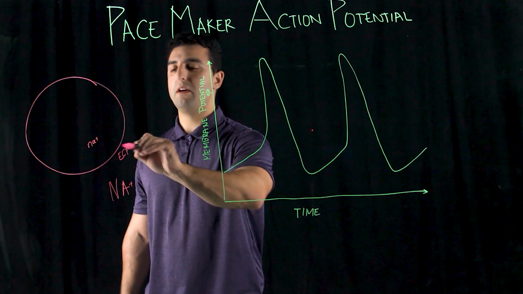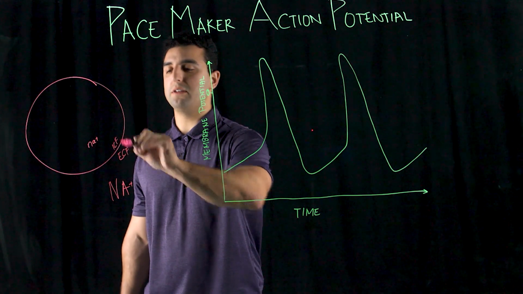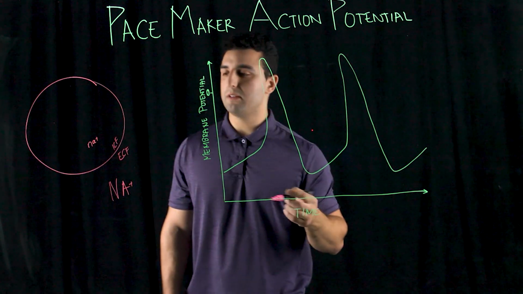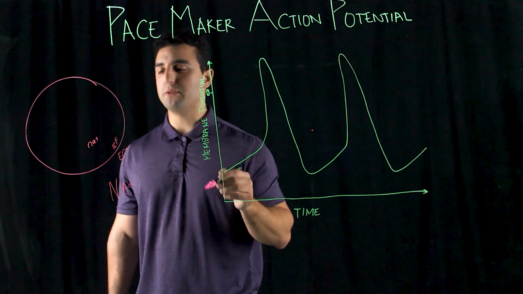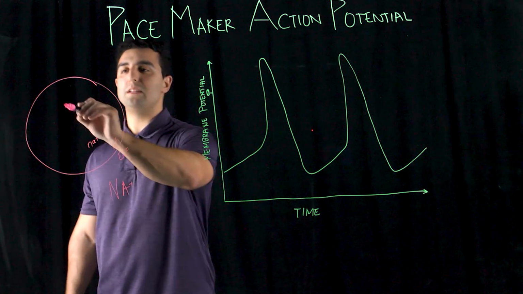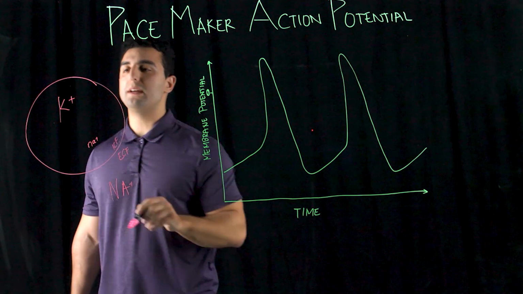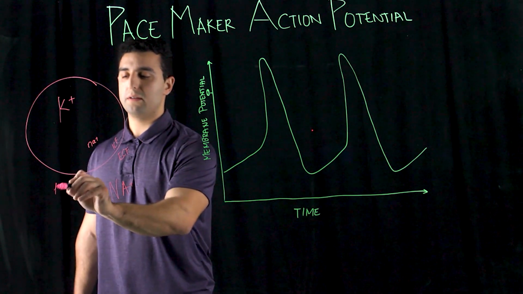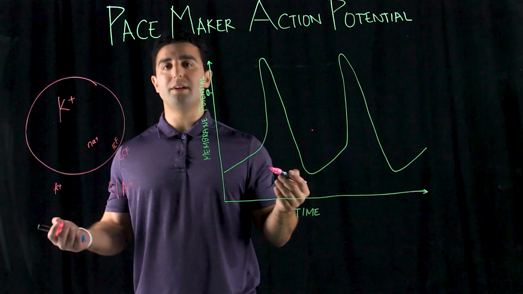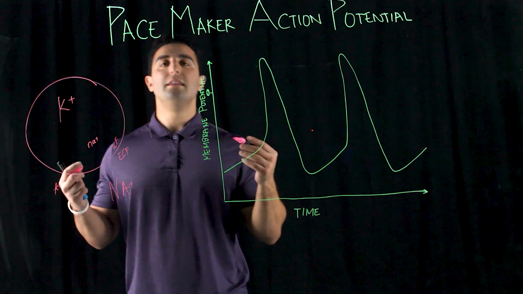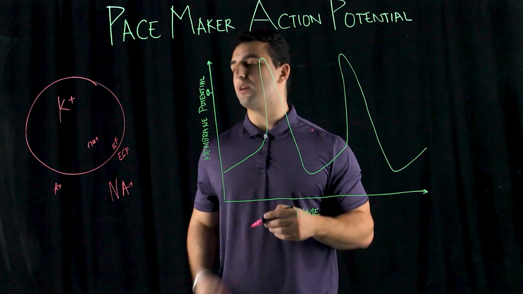So ECF, extracellular fluid, versus ICF, intracellular fluid, right? And then you have potassium, you remember from the nervous system, so there's more potassium on the inside versus the outside. And you remember from the nervous system that it was a passive process, right? So channels would open, and the ions would move from a high concentration to a low concentration.